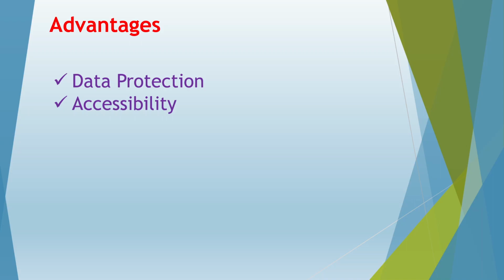So data protection will be very high when you are building the IT system on-premises. Accessibility is also one of the advantages, because you don't need to rely on anything else. You just need the LAN. Whenever your system has gone down due to any other issues, you just need the local area network connection. You don't need the internet connection.